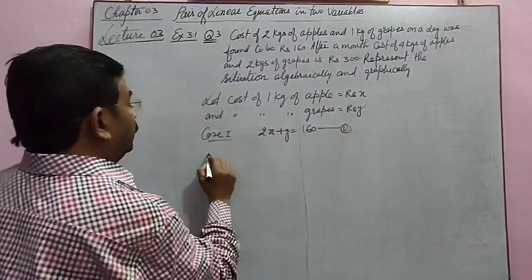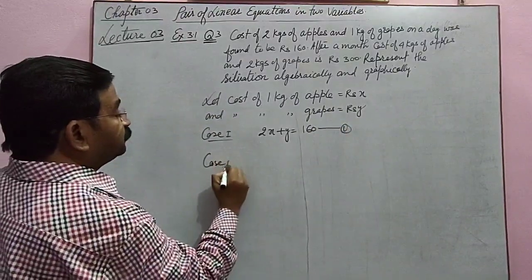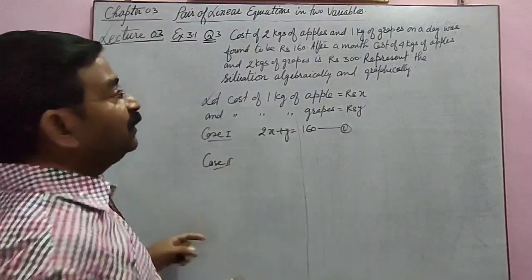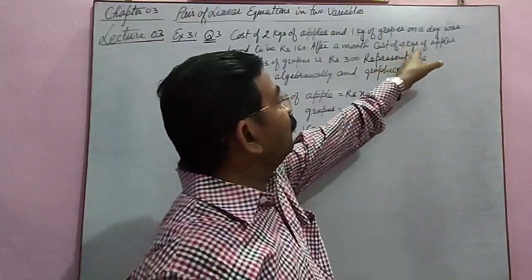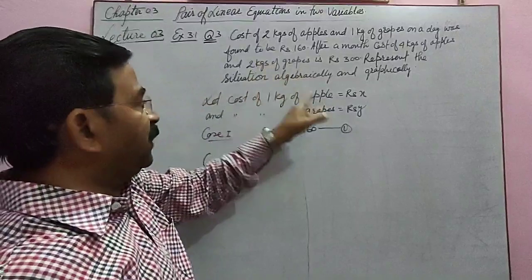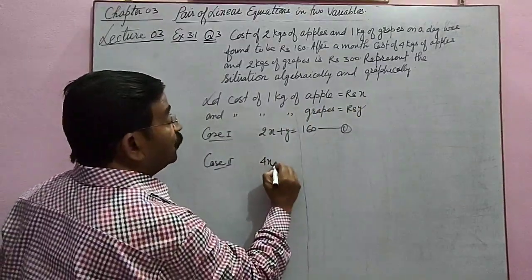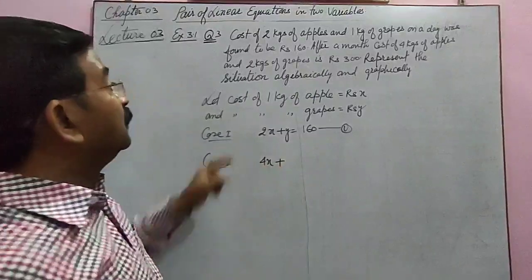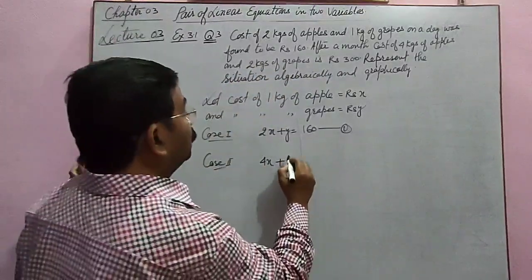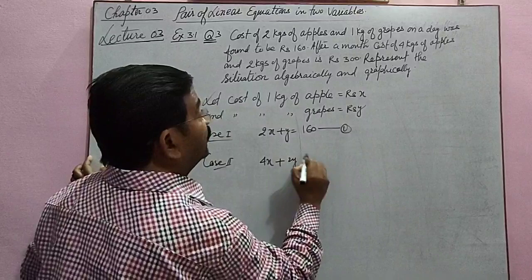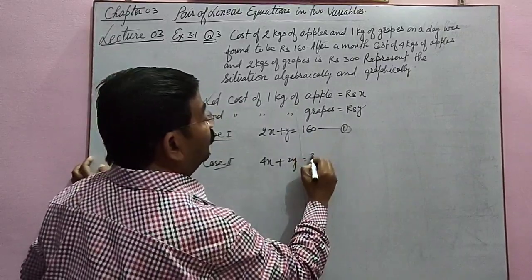Equation number 1. In the second case, we are given the cost of 4 kgs of apples. So 1 kg of apple is x rupees, 4 kgs of apples is 4x rupees, plus 2 kgs of grapes 2y is equal to 300, the total cost.